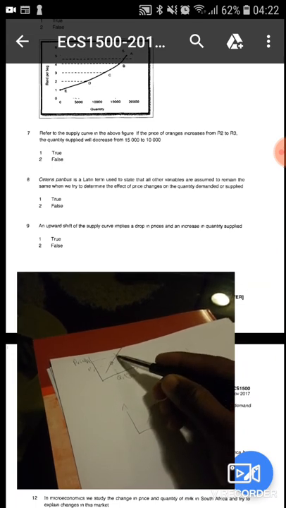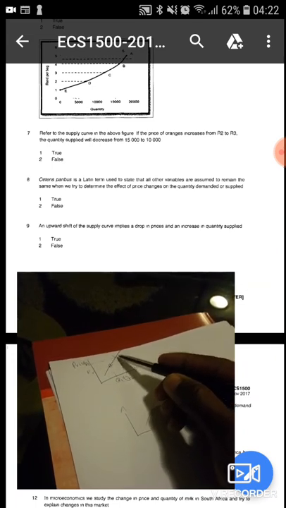So this is false, because if price drops, there will be an increase in quantity supplied. It's true that there will be an increase in quantity supplied, but the increase will be shown through the movement along the supply curve, not by a rightward shift.